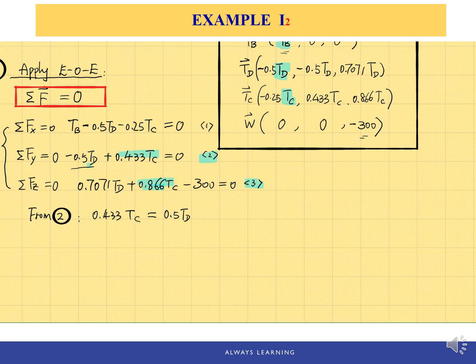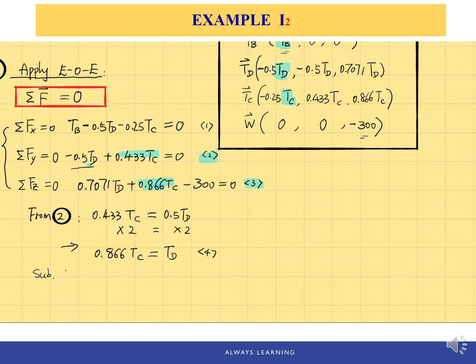And then we multiply this equation by 2 on both sides. You will have 0.866 TC equals to TD. Okay, so you don't need to do approximations, a lot of calculations. It's easy, isn't it?